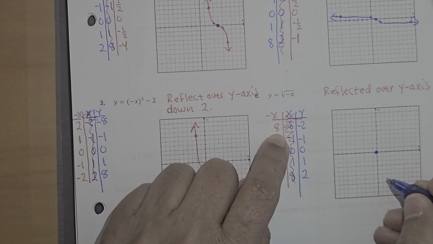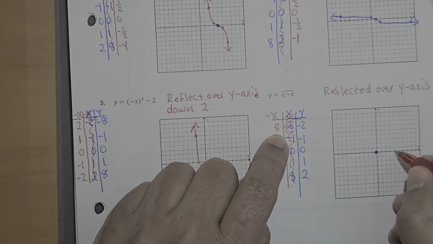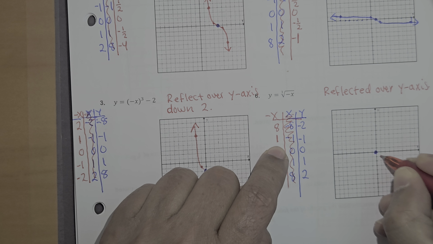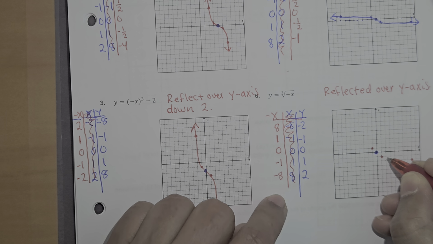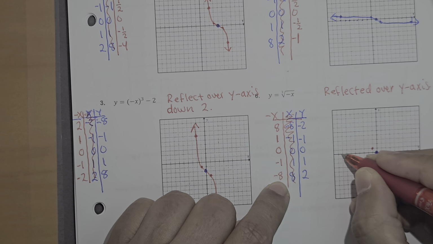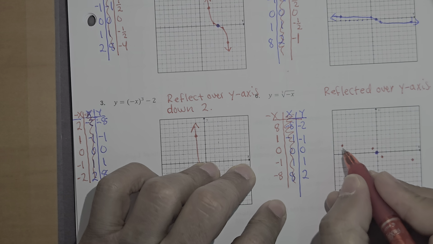From here, if I go right 8 units, I go down 2. So 1, 2, 3, 4, 5, 6, 7, 8, down 1 and 2. If I go right 1, down 1. If I go left 1, up 1. And if I go left 8, so this is 1, 2, 3, 4, 5, 6, 7, 8, up 1 and 2. So there I have the points based on this table.